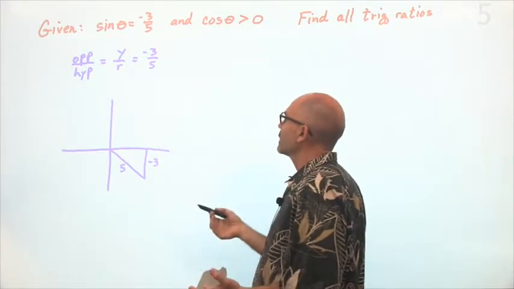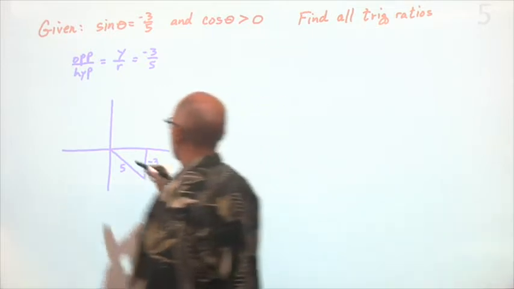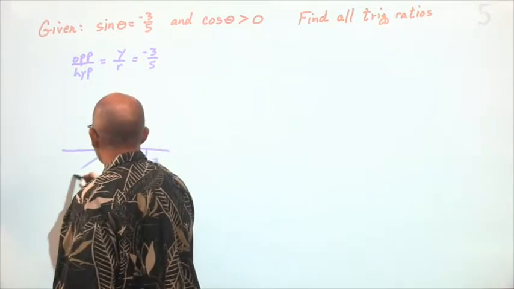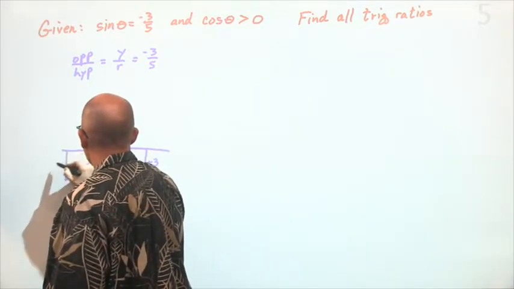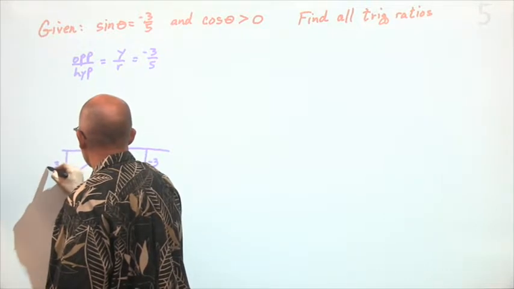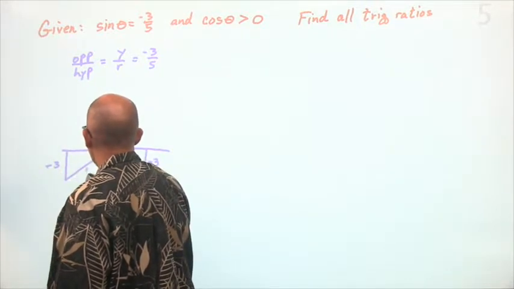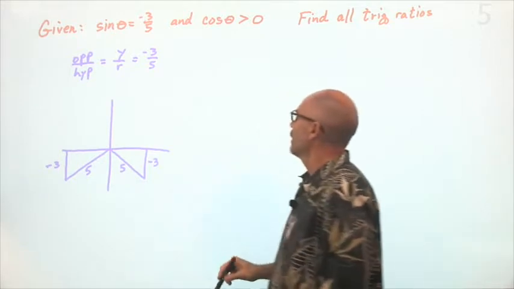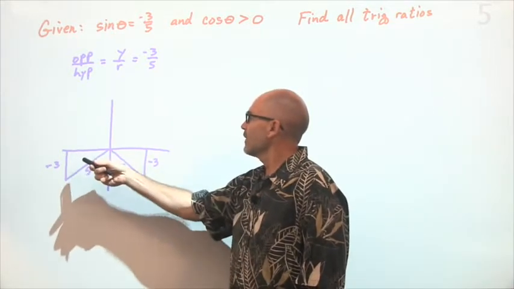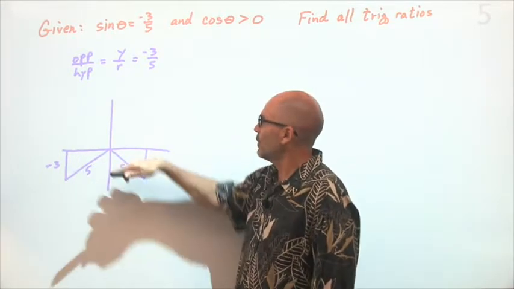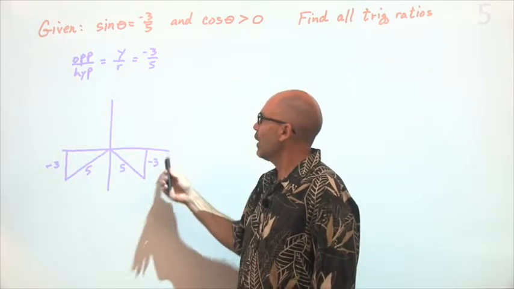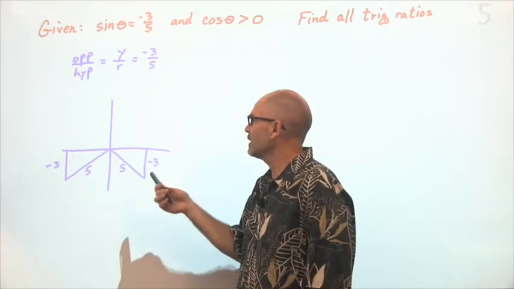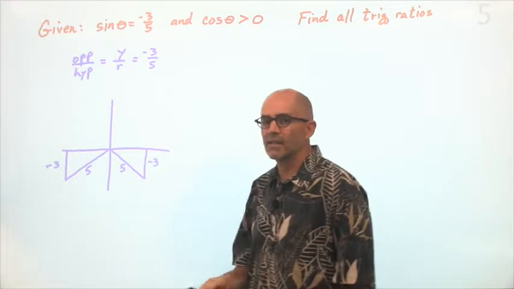Now, where else can I have negative 3/5 sine? Here is negative 3 and also radius of 5. So in either the third or the fourth quadrant, notice sine is down and opposite over hypotenuse is negative in both cases.